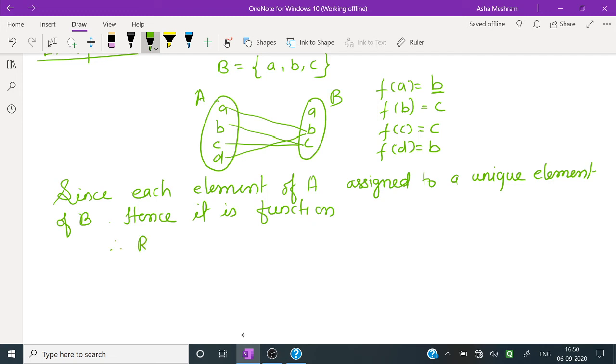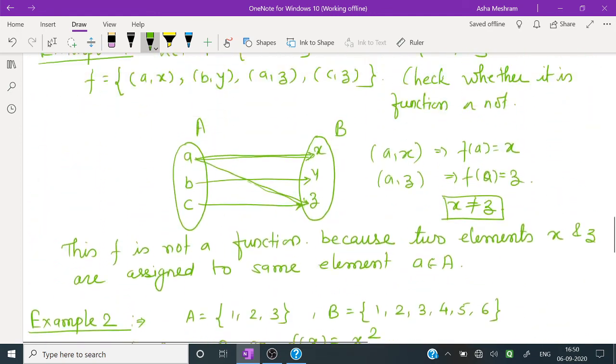And now you can write the range also, range of f, that is f of A, and you can see here only two elements are the image, b and c. So these were the three examples.